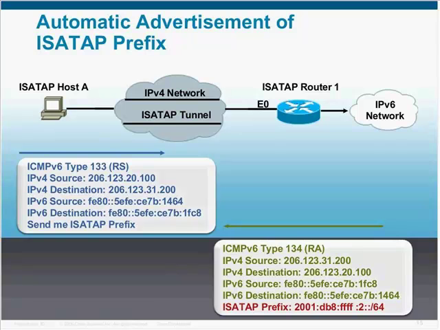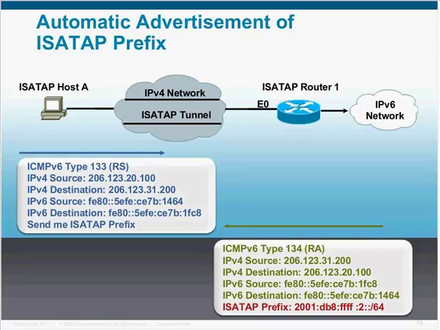On the left-hand side, the IPv4 source for the message will be the local IPv4 address, and that's the same address that will be encoded as the last 32 bits of the IPv6 address. The IPv4 destination will be the IP address of the ISATAP router. So how does the host find out the ISATAP router address?